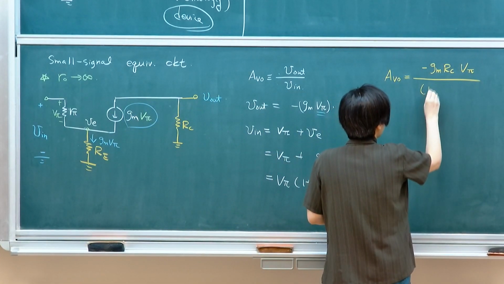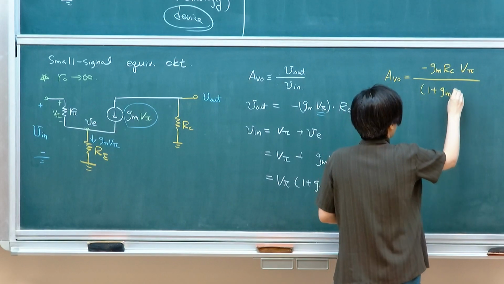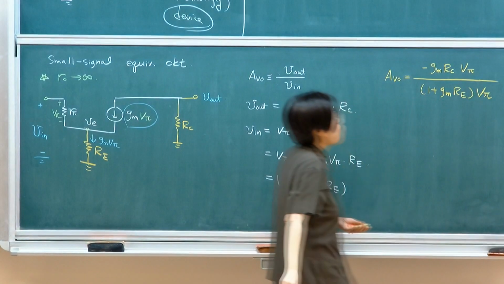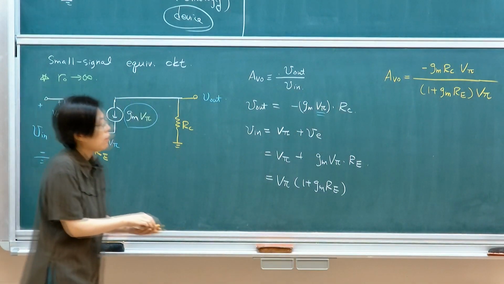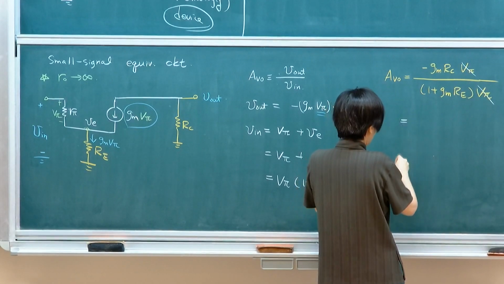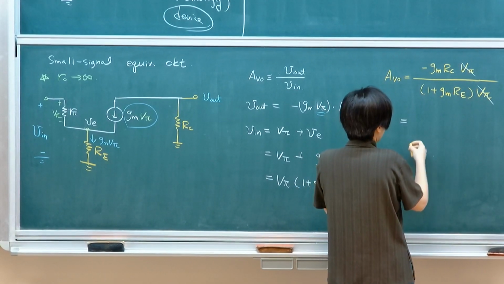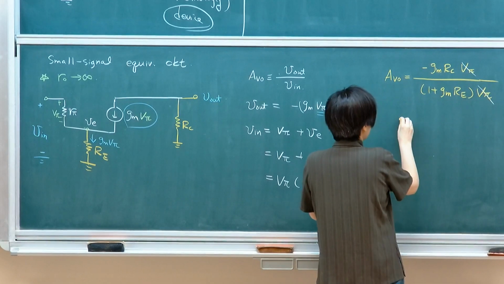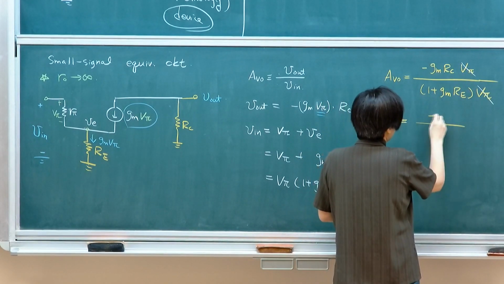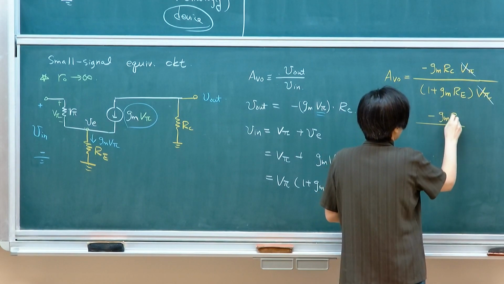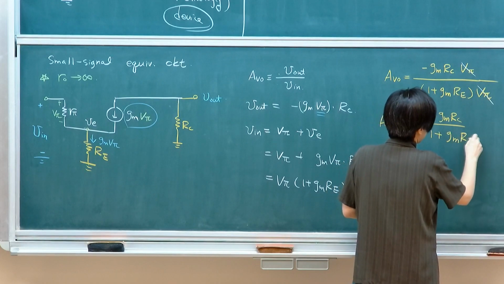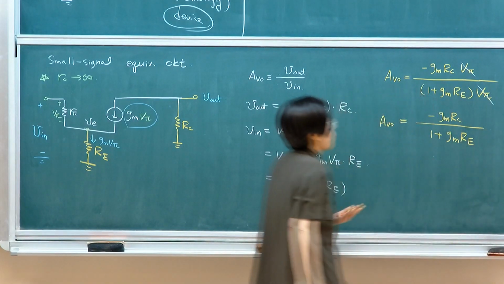The denominator is 1 plus gm RE times V pi. Therefore, V pi cancels itself, and the final result, AVO for the emitter degeneration stage, will be minus gm RC over 1 plus gm RE.